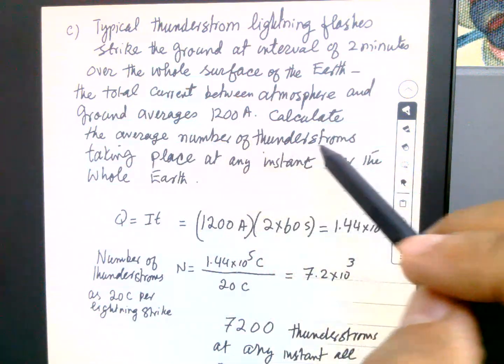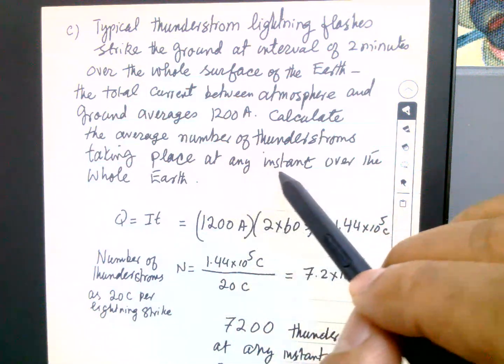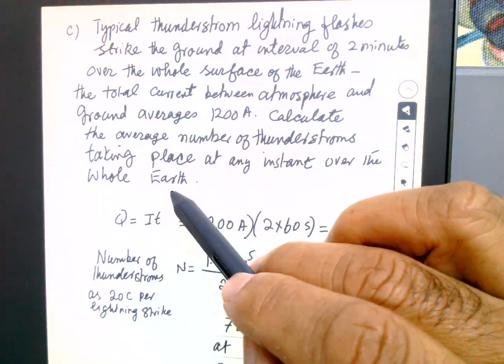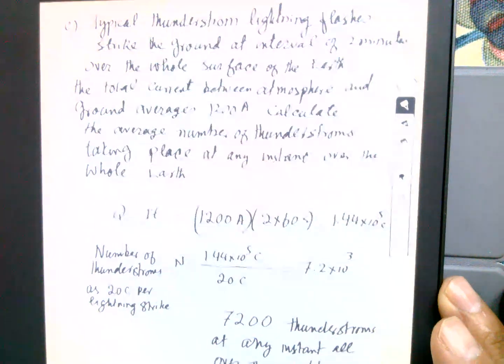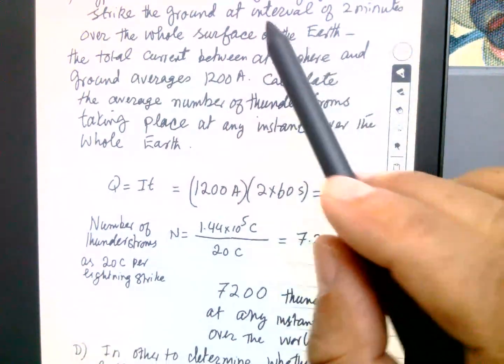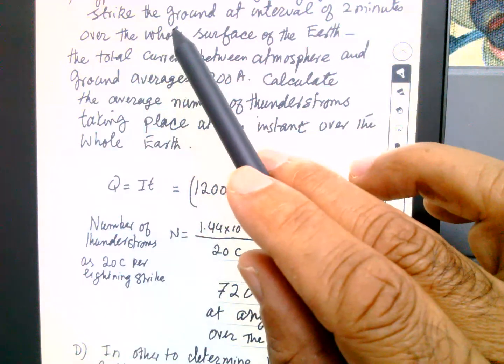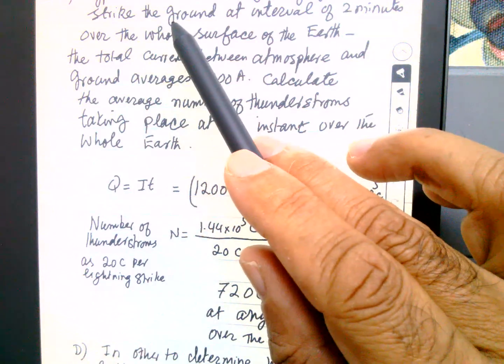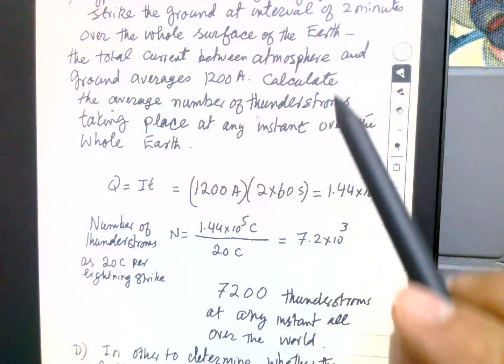Calculate the average number of thunderstorms taking place at any instant over the whole earth. That is a very interesting question.